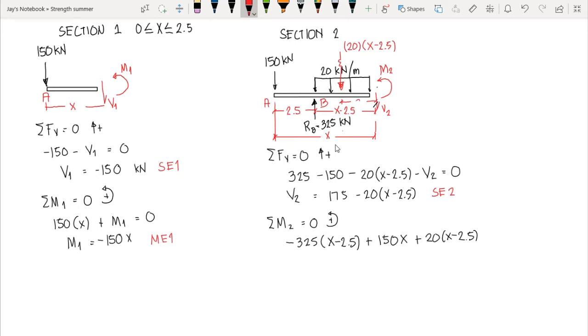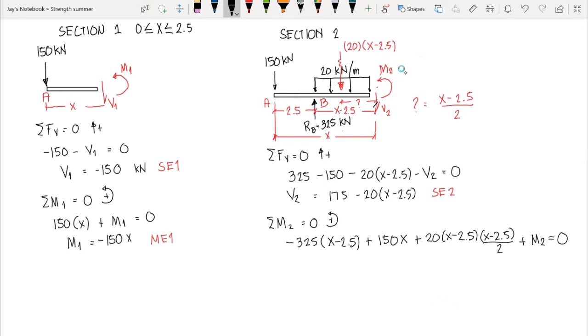So therefore, our length in that case is half of x minus 2.5. That's the distance from section 2. So we have here times x minus 2.5 over 2. This is the moment arm. Then we have the internal moment that is counterclockwise. So we have plus the internal moment 2 is equal to 0.